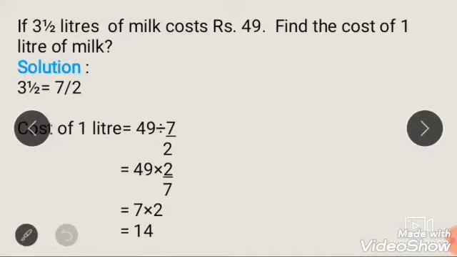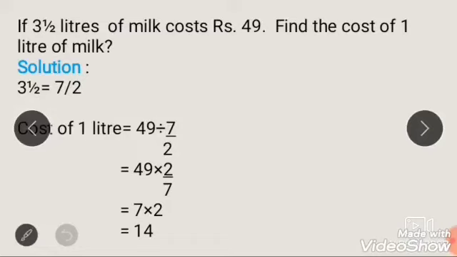They have given 3.5 liters of milk, which is in decimal form, so let me write it as a proper fraction. So the cost of 1 liter is equal to 49 divided by 7 by 2. When we take the reciprocal, we get 49 into 2 by 7.